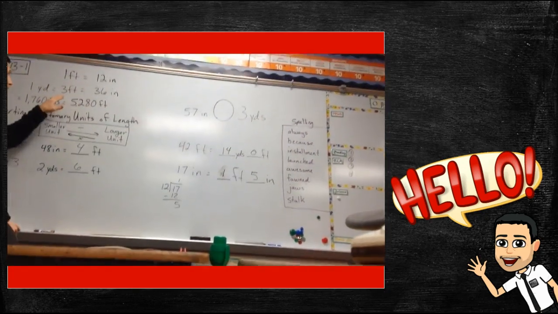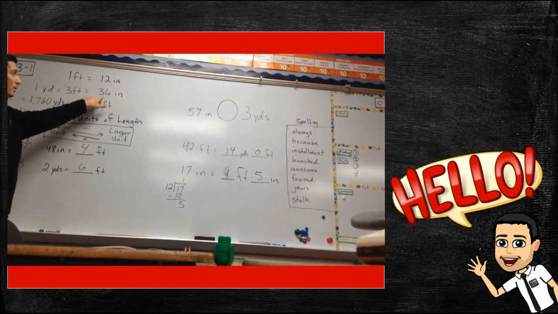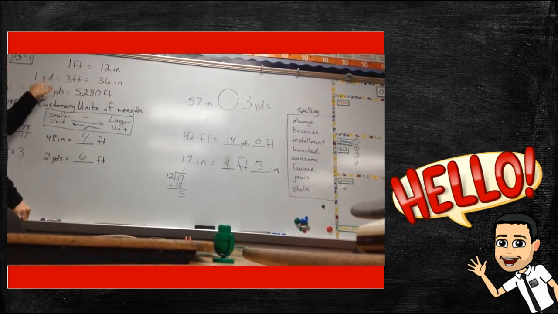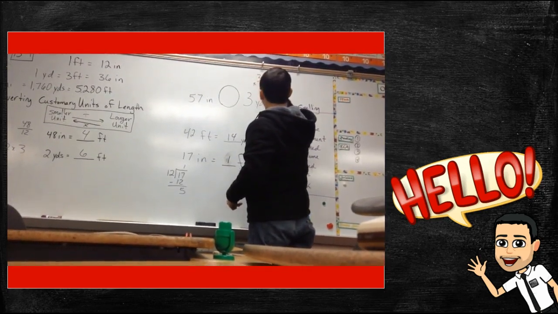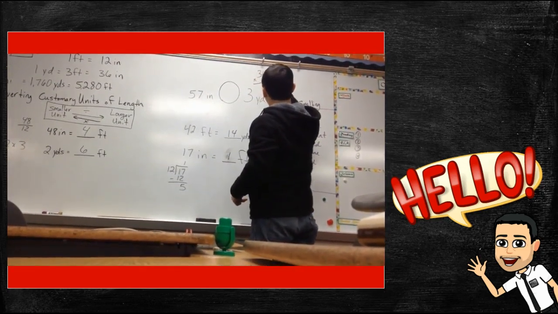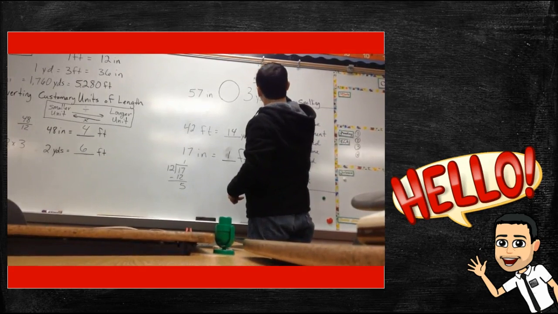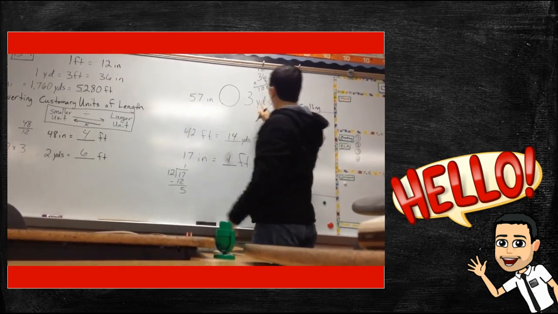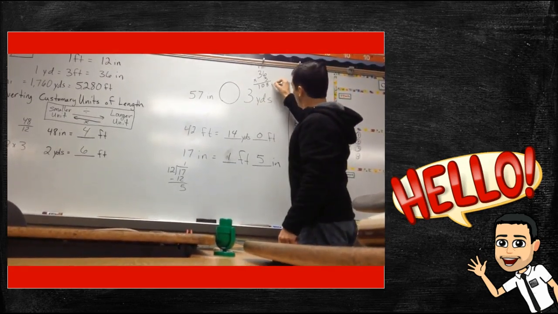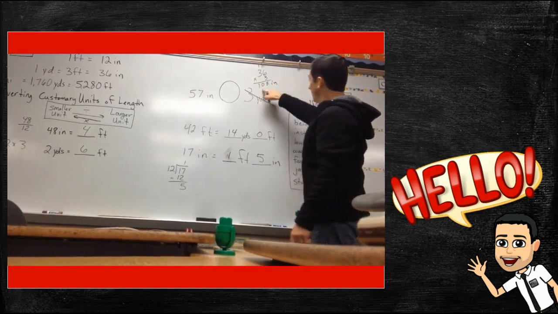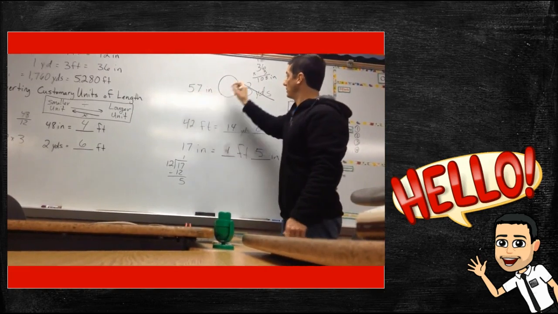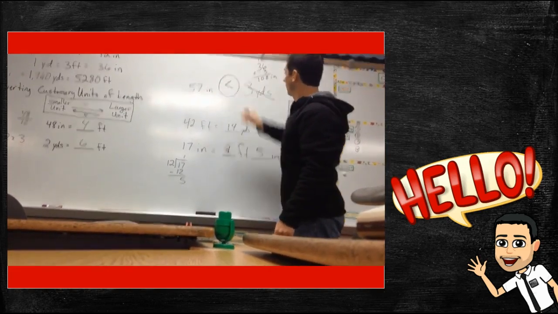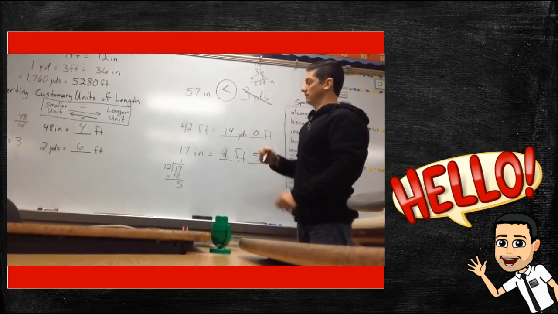Well, I've memorized this, and I already know that there are 36 inches in 1 yard. So I'm going to take 36, I'm going to multiply it by 3. 6 times 3 is 18, give 1, 9, 10. 108 inches. So 3 yards is actually 108 inches. Now I can compare 108 and 57, and I know that this would be greater than.